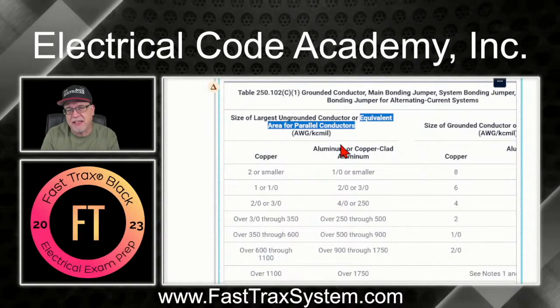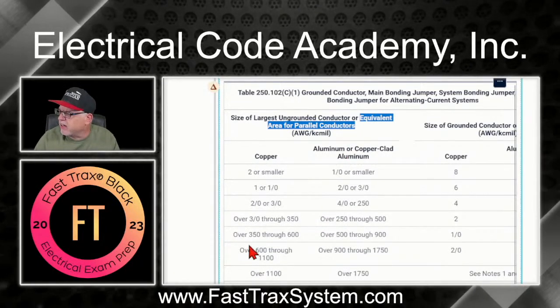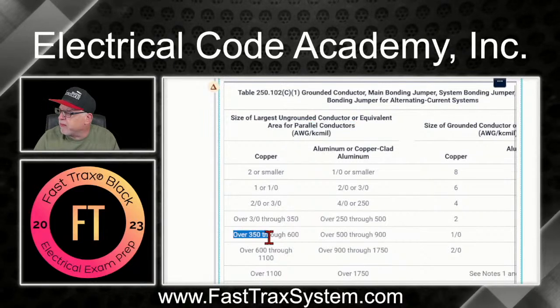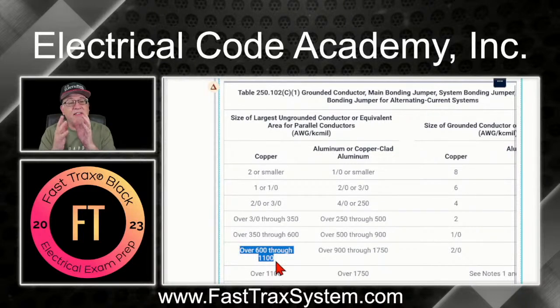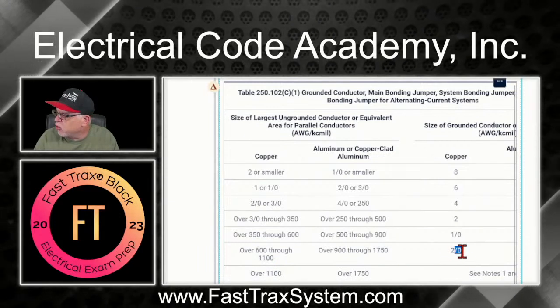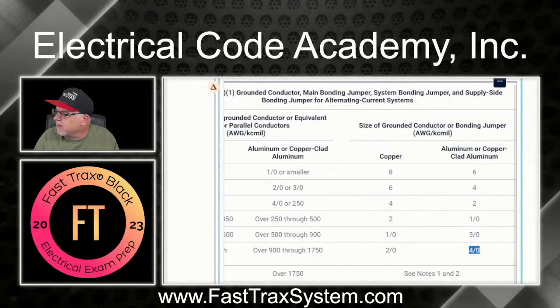That's where we get the 700. If that's the case, we go down here, and over 350 through 600, well, that's not going to work. So we have to go over 600 through 1100, and that 700 falls right in there. And so that means it would be a 2/0 copper or a 4/0.